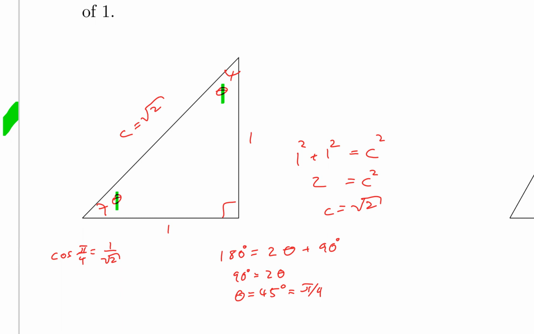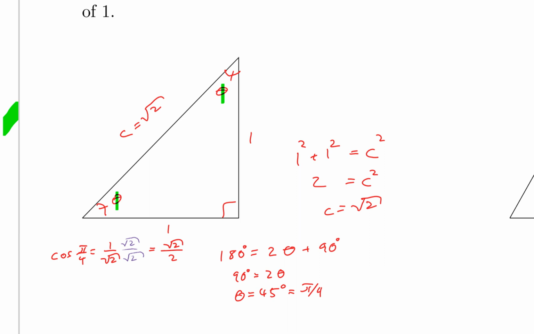Now we don't want to keep a square root in the bottom, so we multiply top and bottom by the square root of 2. When you do this, the bottom becomes 2, since square root of 2 times square root of 2 is simply 2, and on top all we have is the square root of 2.